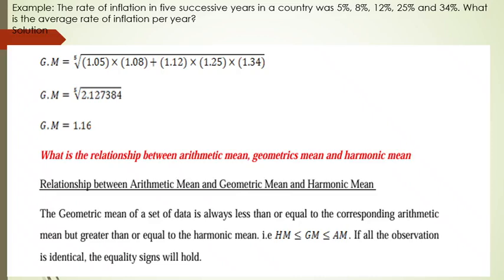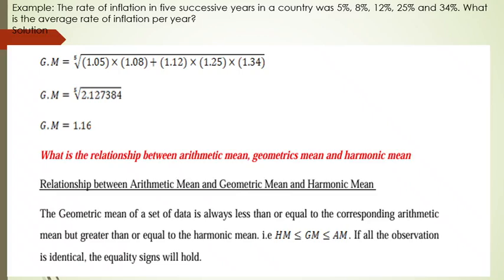So we take the root after multiplying them together, which gives us 2.12. From my own calculation, it gave me 2.1155. We take the fifth root, which is 1.162.